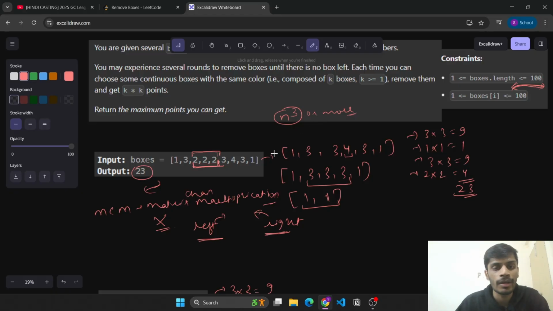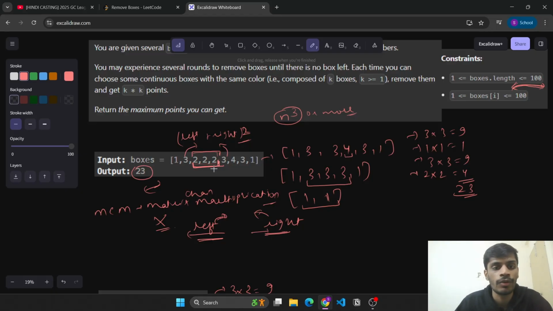But here, as soon as we remove these two and merge these two parts, we'll create a bonus, left plus right. Means we are creating a bonus kind of thing at each step while merging. And MCM will not be able to account for this bonus that we will be creating.